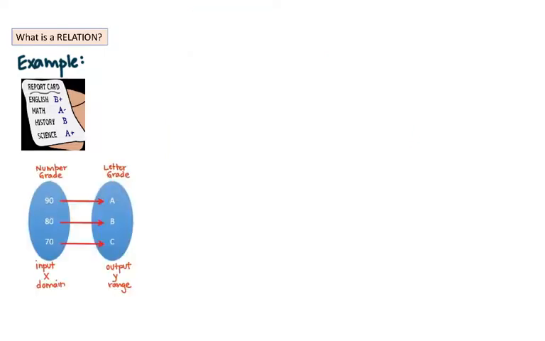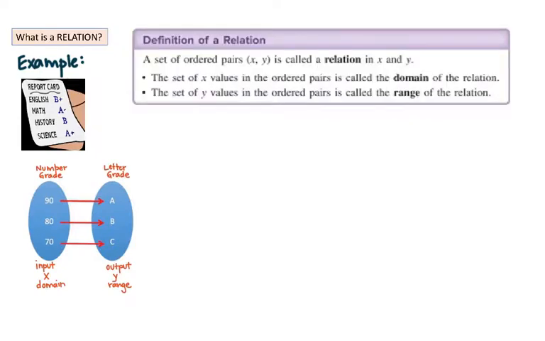Okay, so taking that example into consideration, the formal definition of a relation is this. It is a set of ordered pairs, a set of points, x's and y's, where the x relates to the y. The x's are called the domain or the inputs, the y's are called the range or the outputs.